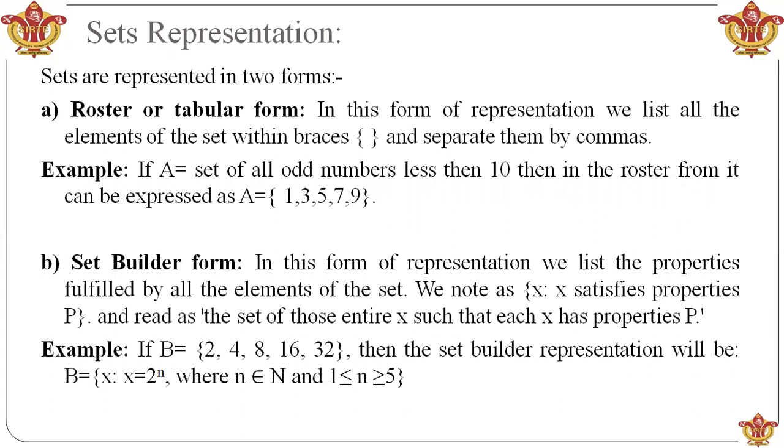Here we take one example of how we represent a set in roster form or tabular form. If A is the set of all odd numbers which are less than 10, in the roster form we can write it like this: A equals curly braces 1 comma 3 comma 5 comma 7 comma 9, curly braces closed.